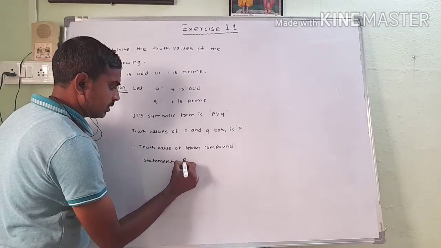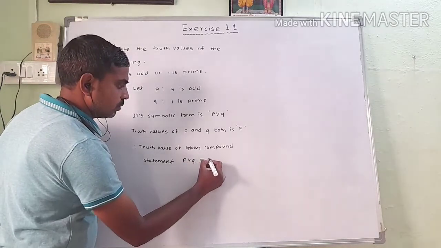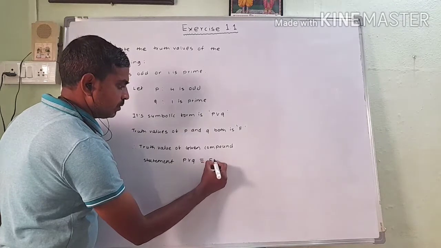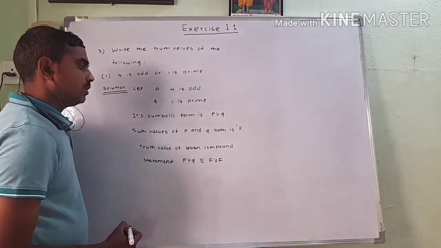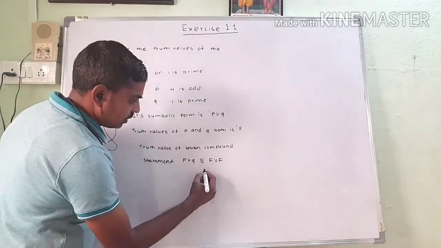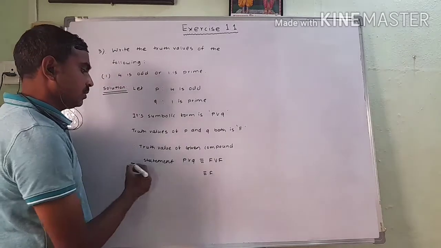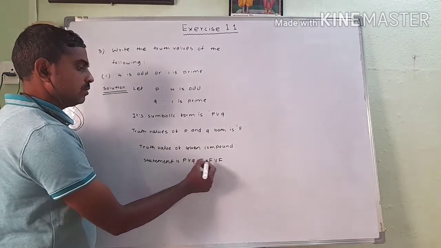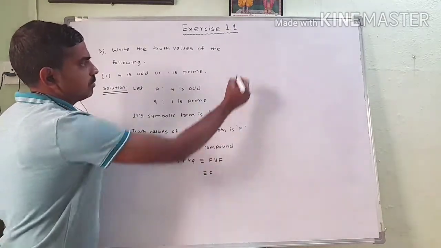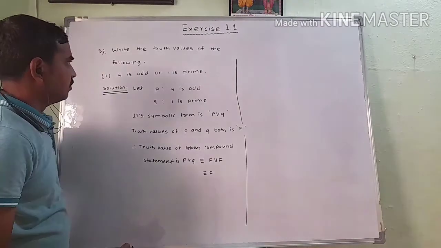What is the compound statement? P or Q is equivalent to: P truth value F, Q truth value F, F or F. F or F is F. Therefore the truth value of this compound statement P or Q is equivalent to capital F. Therefore this first truth value is false.